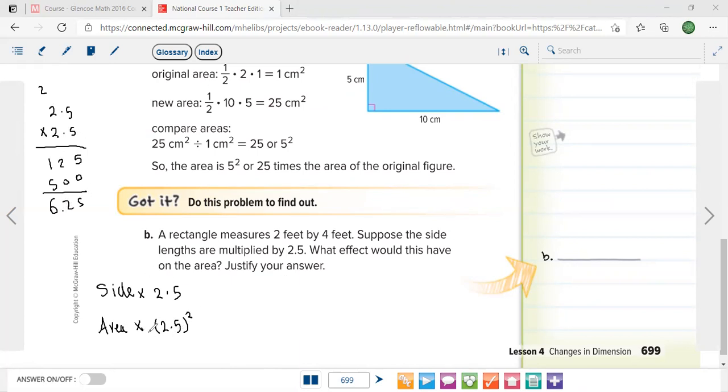So the area should be multiplied by 2.5 power 2, which is 6.25. Means the area should be multiplied by 6.25. We don't want you to find the area. We just want you to tell us what we are going to do.